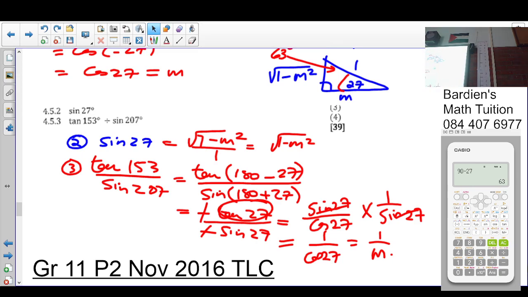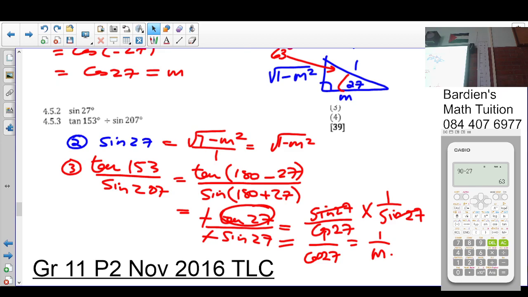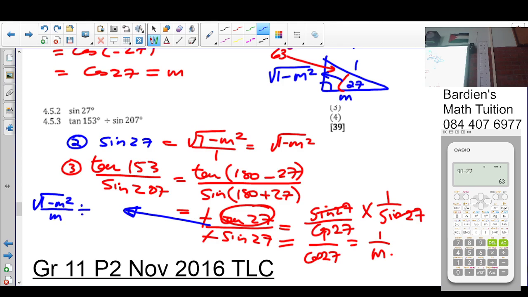Otherwise, what you could have done as well is, we could have taken this tan 27 as opposite over adjacent. It's going to be the square root of 1 minus m squared over m, divided by sine 27, which is opposite over hypotenuse, the square root of 1 minus m squared over 1.